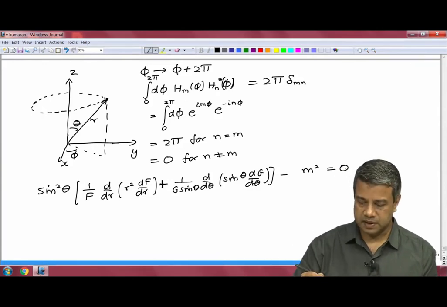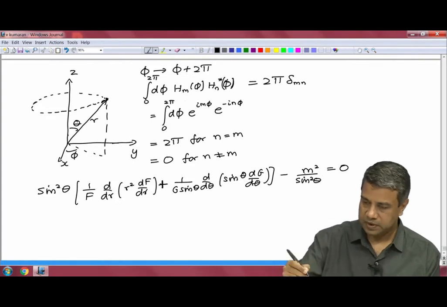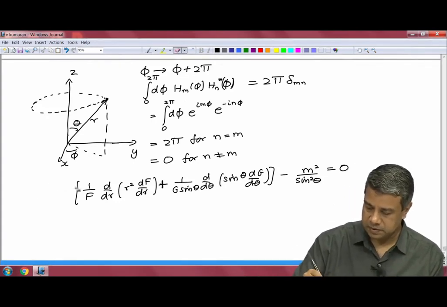Divide throughout by sin square theta. So, I will get a sin square theta here, and remove this.